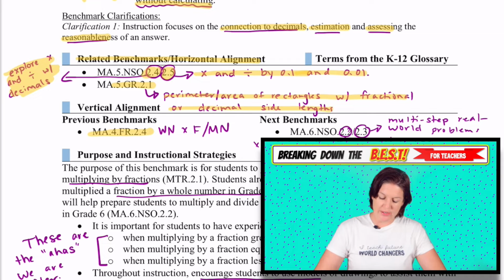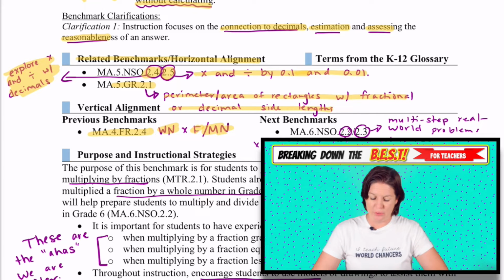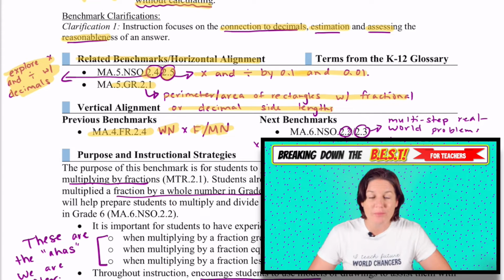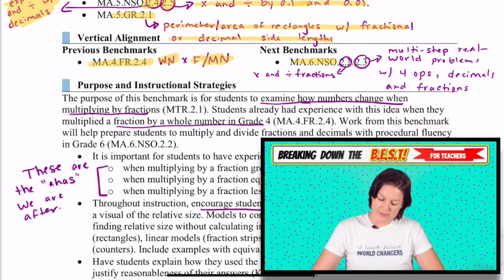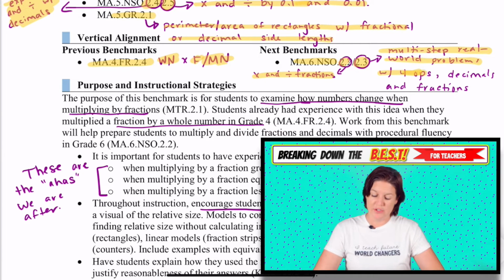In 4th grade, students practice multiplying whole numbers by fractions or mixed numbers, and also flipping that around using the commutative property of multiplication. And in 6th grade, we have 2.2, where we're multiplying and dividing fractions with fluency, and 2.3, which is multi-step real-world problems with all 4 operations, including decimals and fractions.